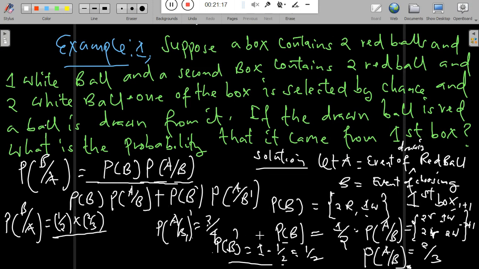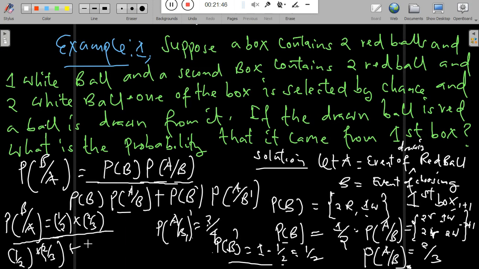So when we return to our formula, the probability of B given A will be equal to the probability of B, that is a half, times the probability of A given B, that is 2 over 3. Then we divide by the probability of B, which is a half, times the probability of A given B, that is 2 over 3.